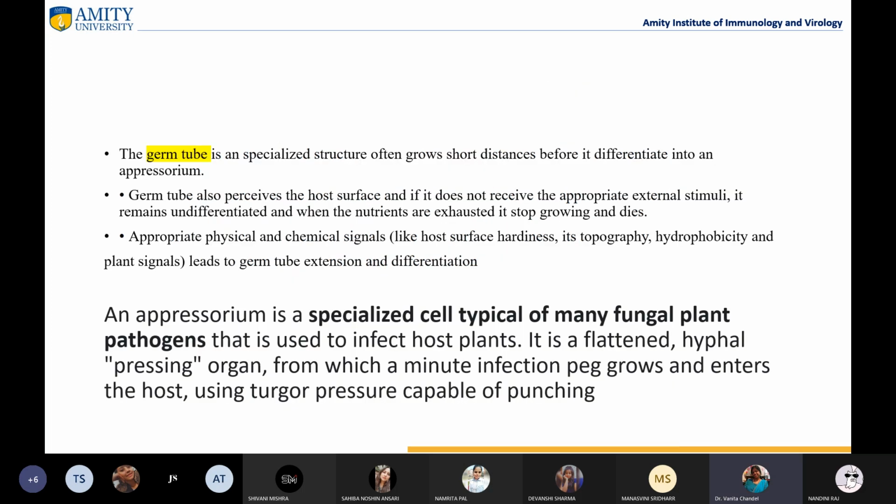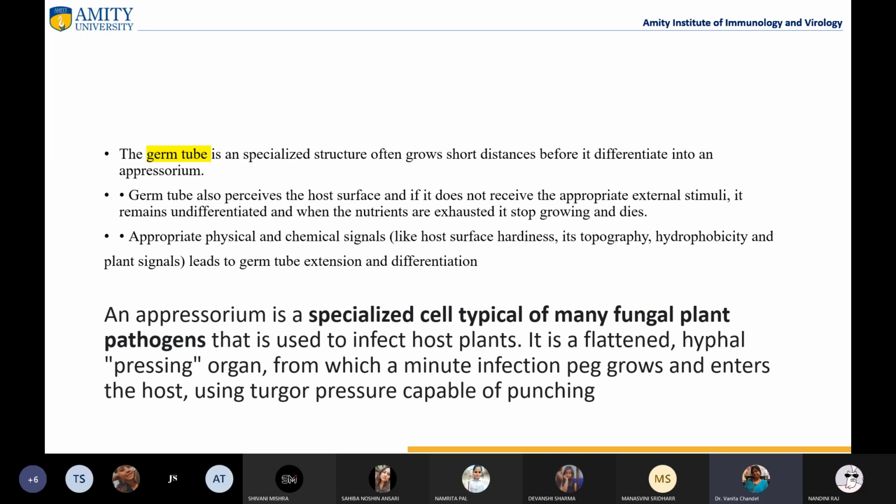Then okay, the germ tube is a specialized structure which often grows short distances before it differentiates into an appressorium. So first the germ tube is formed, then it leads to the formation of the appressorium. The germ tube also perceives the host surface, and if it does not receive appropriate external stimuli, it remains undifferentiated. And when nutrients are exhausted, it will stop growing and die.